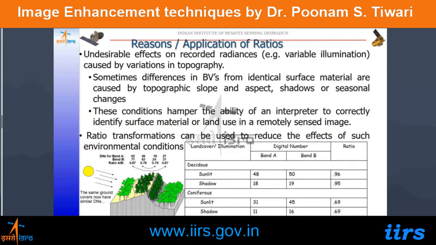So if we take a ratio of infrared by red, the values would be highly pronounced compared to other ground surface features. Okay, so ratios portray the variation of slope of a spectral reflectance curve between the two bands involved. So such type of analysis has to be done before doing ratio images.